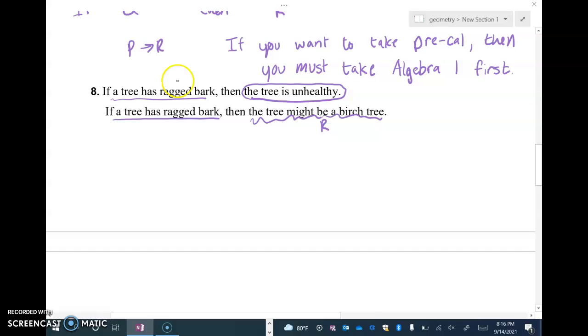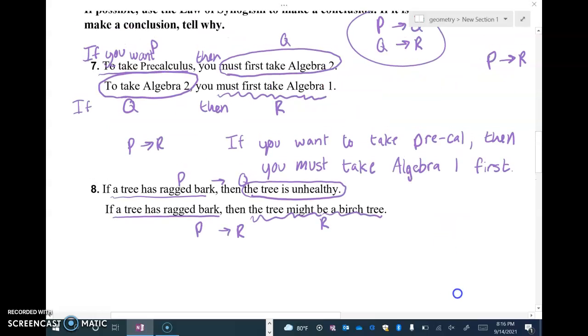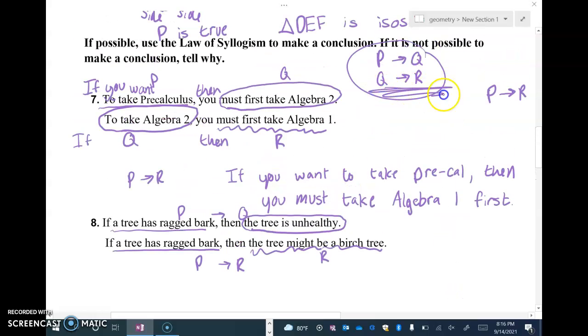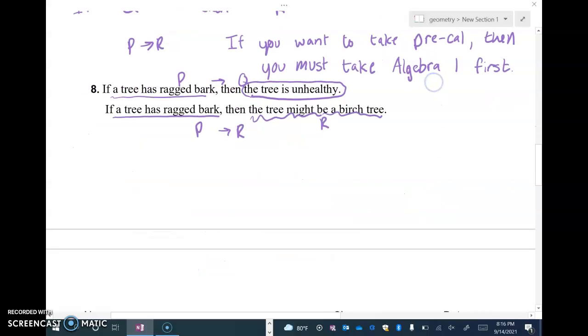Now we can see we have if P, then Q here. But this next line we have if P, then R. And that's not what law of syllogism is, right? Our notes told us we have to have that Q as our then and then as our if. So that means we can't come up with a conclusion on this one either. No conclusion.